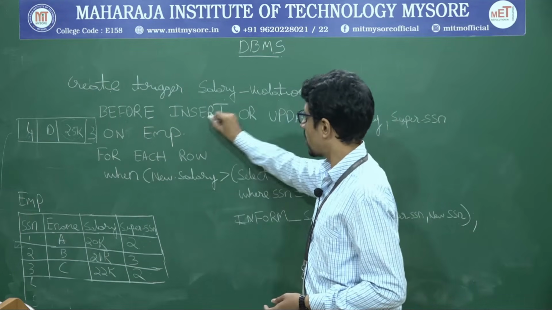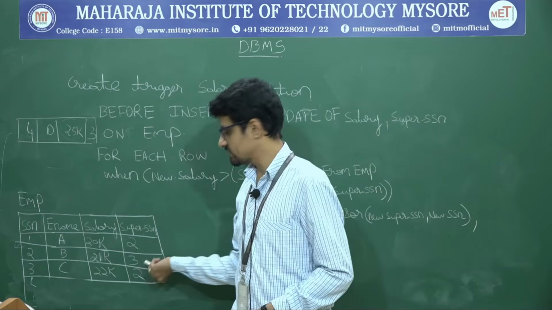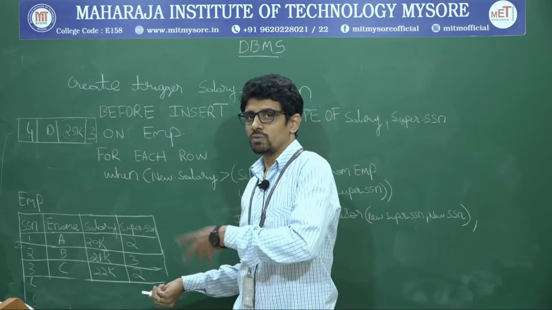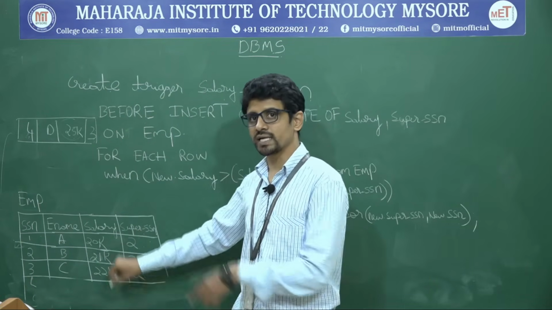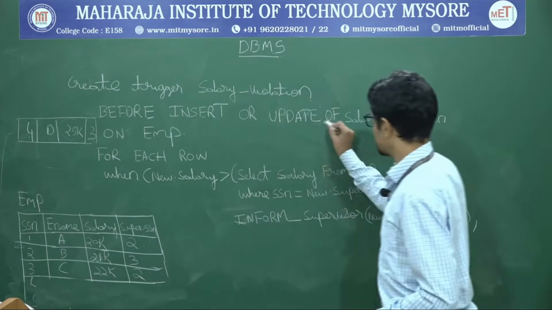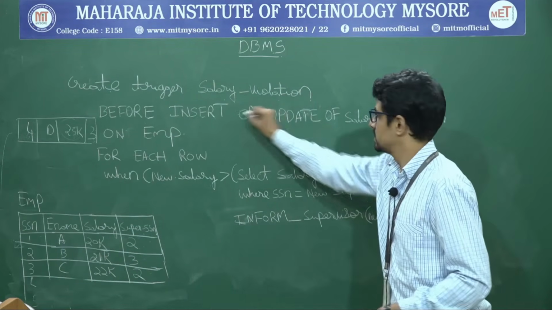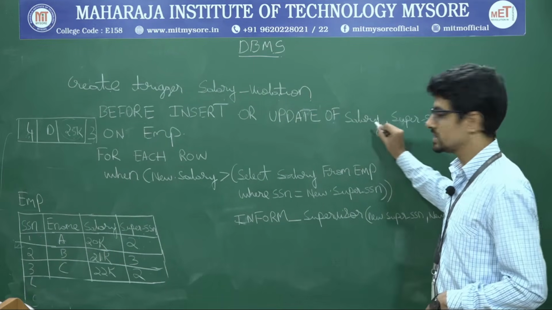So before insert or update, both are possible. Before inserting or updating any of the existing values to a different value, I need to verify this condition. Either for a new row insertion or an existing update, I need to verify the salaries. So I can have multiple triggering events here. Of which attributes?